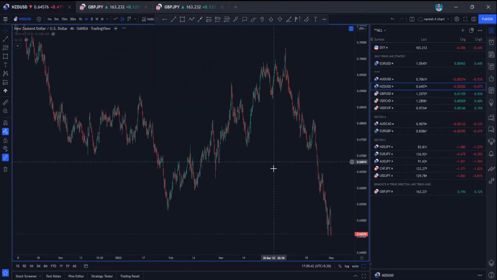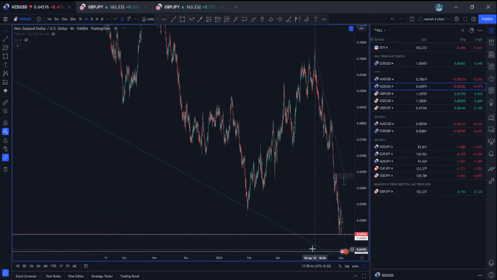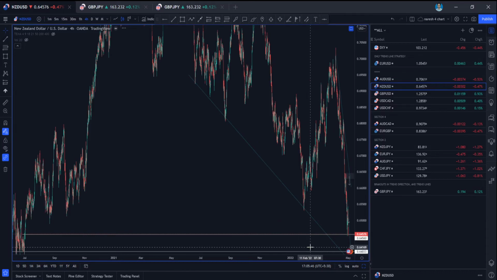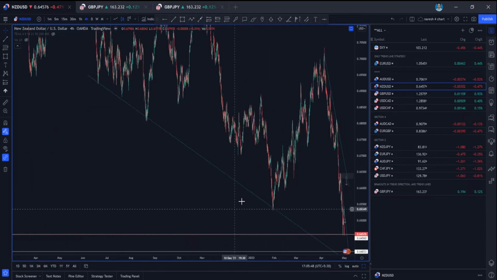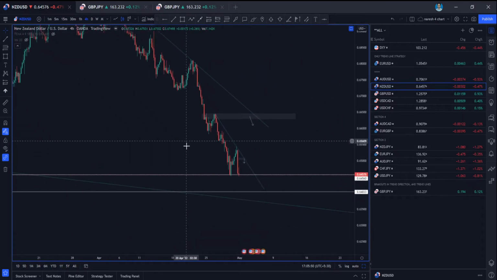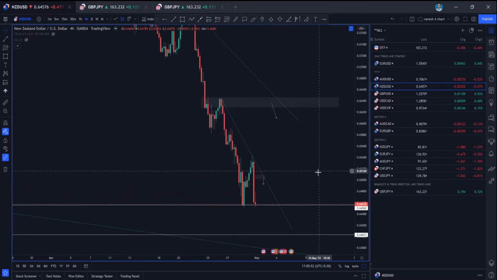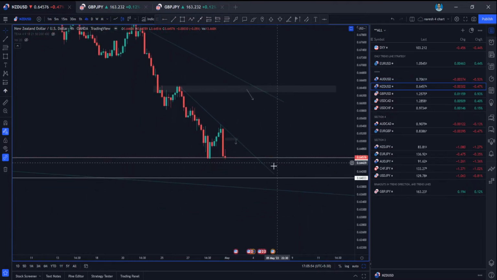For NZD-USD, we have support here a little bit sooner compared to AUD-USD because of this area. So I'll be looking for short entries in AUD-USD because the probability of getting down is higher compared to NZD-USD.